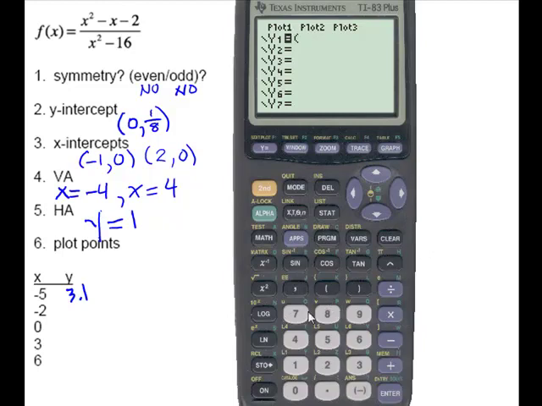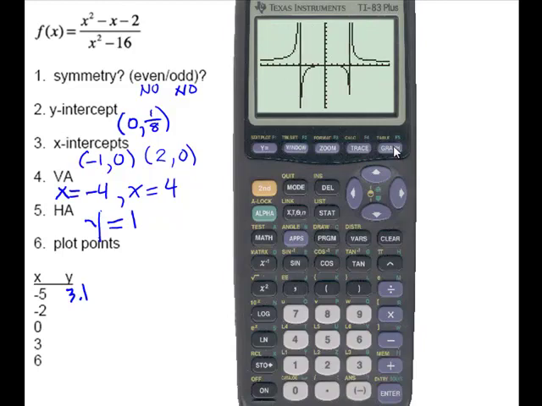So our numerator, we have parentheses x squared minus x minus 2 close parentheses divided by parentheses x squared minus 16 close parentheses. And we'll graph. Right, so that's what we should look like.